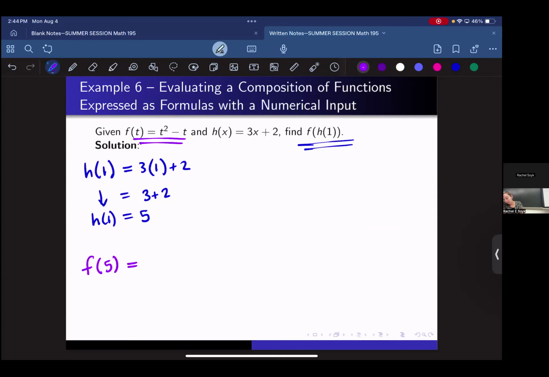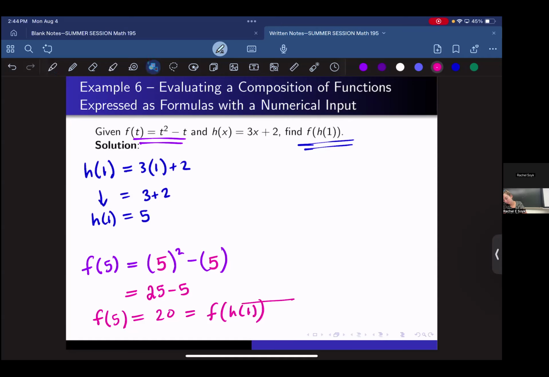So now we're looking at our f of t. Wherever you see your t, put in parentheses and replace or fill in those parentheses with the 5. Simplify, and you get your final result to be 20, which is our f of h of 1. And we're done.